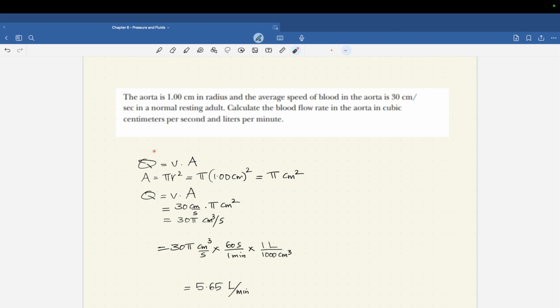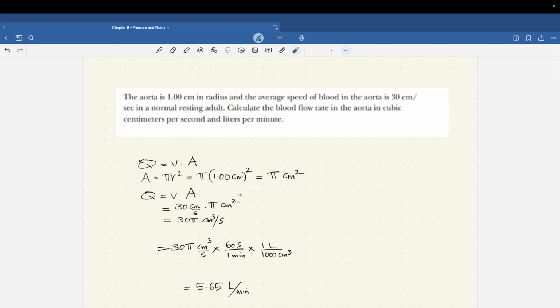So Q represents the volume flowing in a second. Always remember that's in a second. And to get that, all you got to do is multiply the speed or the velocity with the area. Now we've done the area many times. It's pi r squared, and I'm keeping it in centimeters, so you get pi centimeter squared. I just left it as pi because 1 squared is 1.